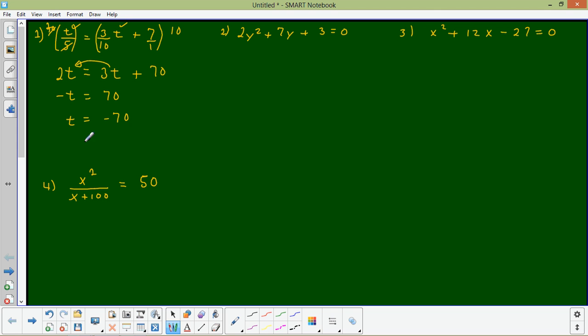Now, when you enter that in the WebAssign box, right? Entering answers in the WebAssign box. Had a few questions about this, right? You get a little box on your WebAssign page, and so all you have to enter in there is the minus 70. That's all you put in the box. You don't want to put the t equals, okay?